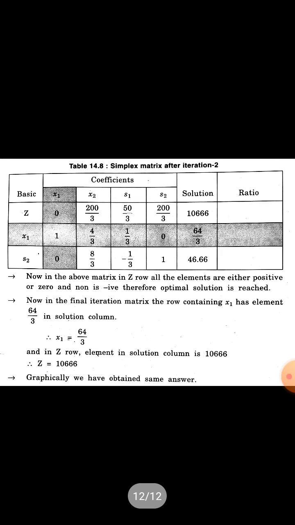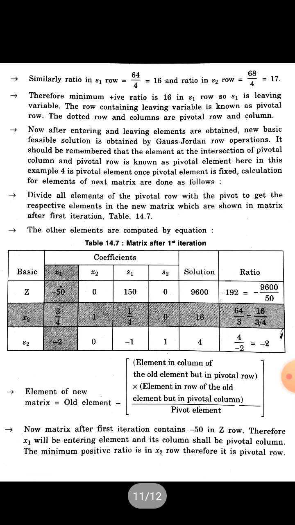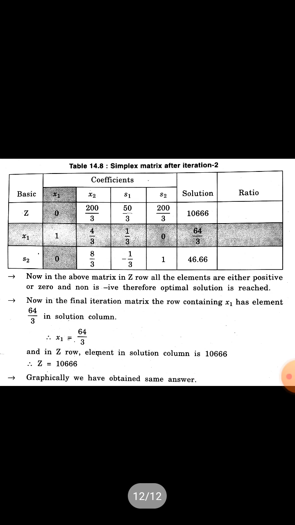Here is another table, the simplex matrix after iteration 2. The table shows basic, coefficient and solution. The basic variables are z, x1 and s2; in place of x2 we put x1. For x1 the coefficients are 0, 1 and 0.